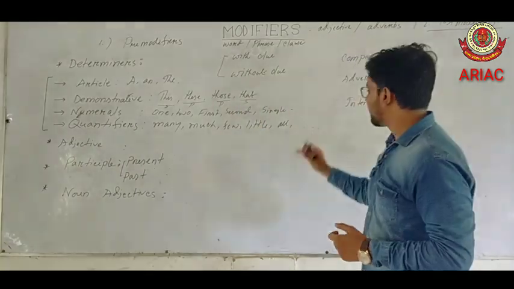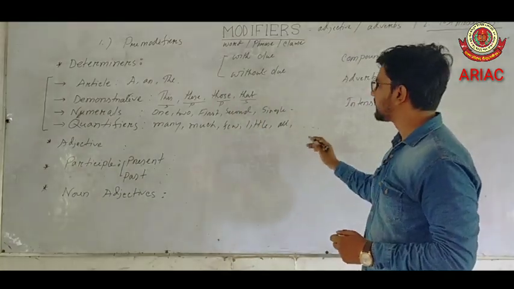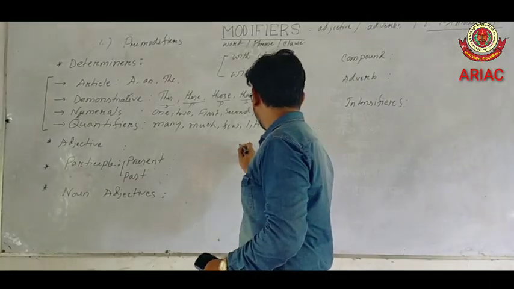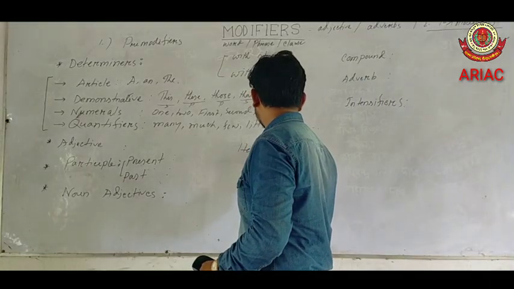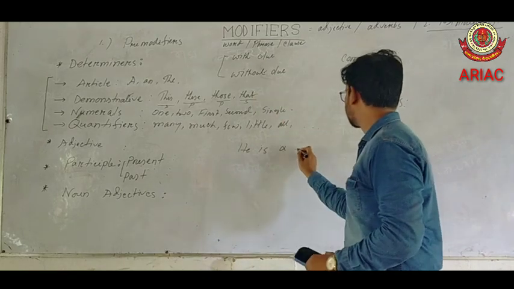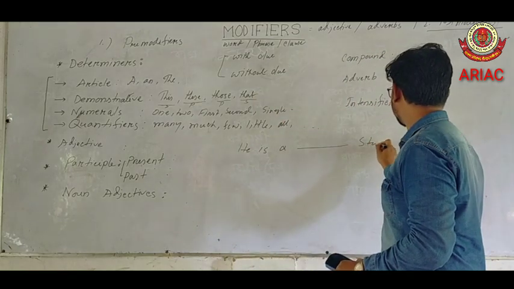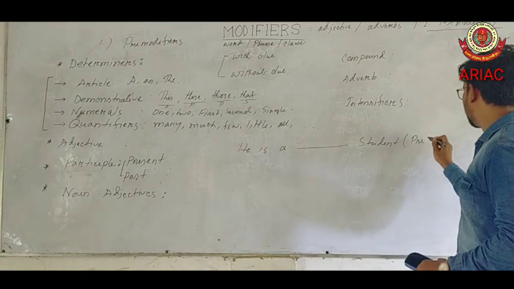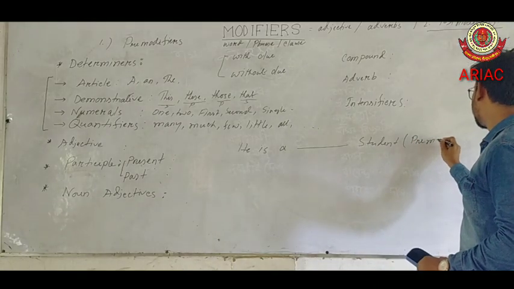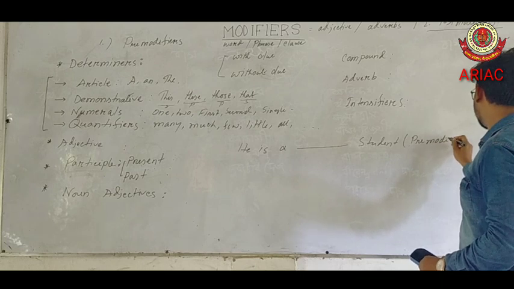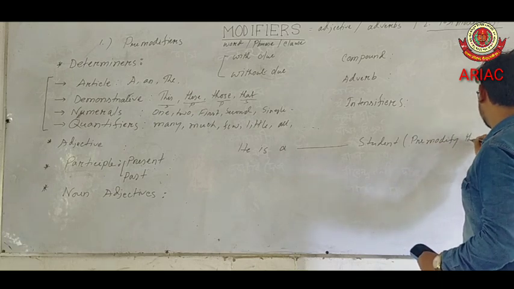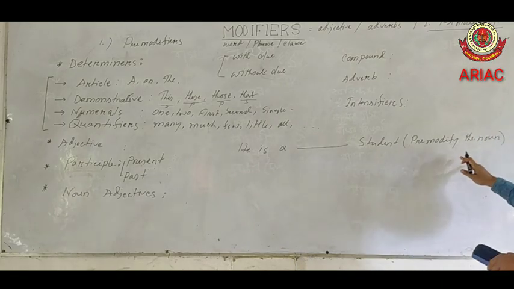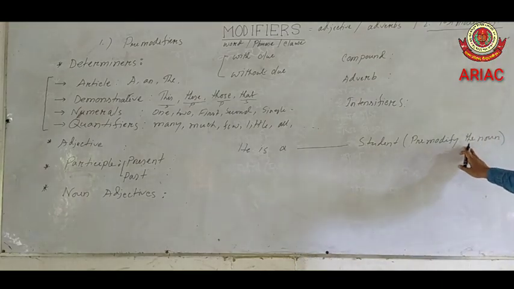Okay. For example, if we say, he is a dash student. Here it is written to pre-modify the noun. So there is no option.